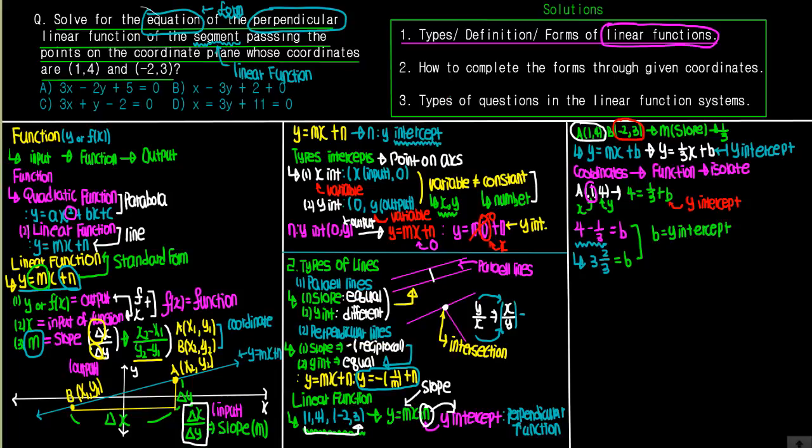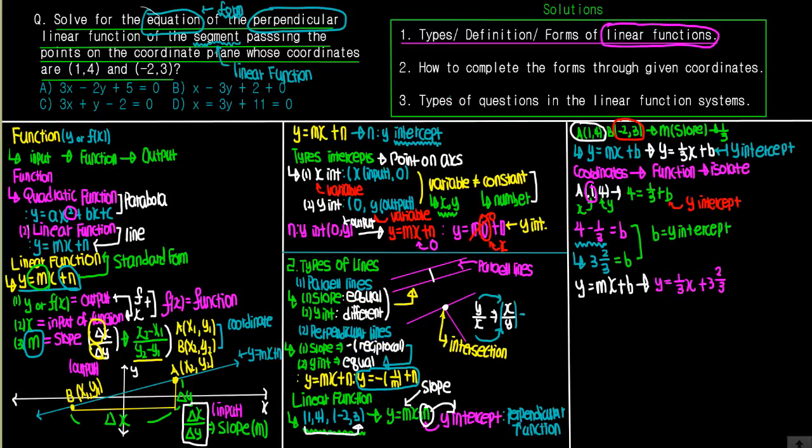So we can make our full function: y is equal to mx plus b, replacing our m value with 1/3 and b value with what we have solved. So y is equal to 1/3 x plus 3 and 2/3. This is what the full function is going to be.